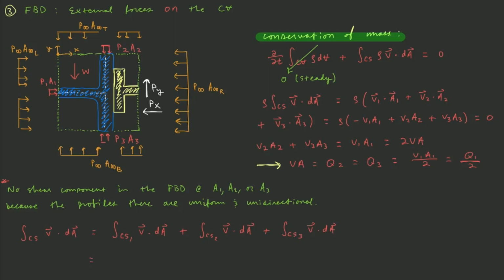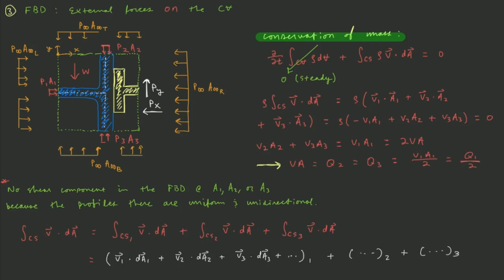On cross-section 1, what we end up having is something that looks like this: v1 dot dA1 plus v2 dot dA2 plus v3 dot dA3 plus dot dot dot, and that's for cross-section 1. Then we have the same thing for cross-section 2 and the same thing for cross-section 3.